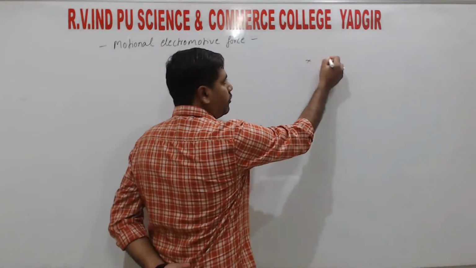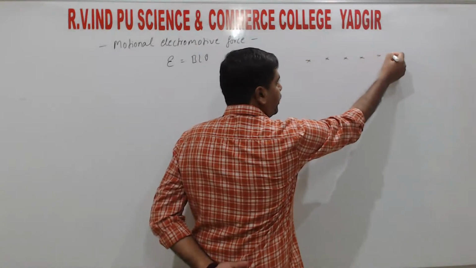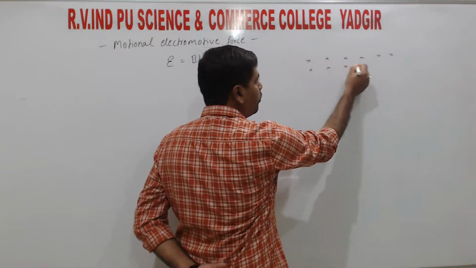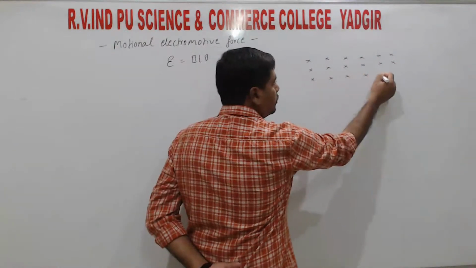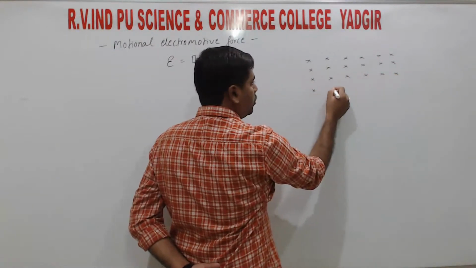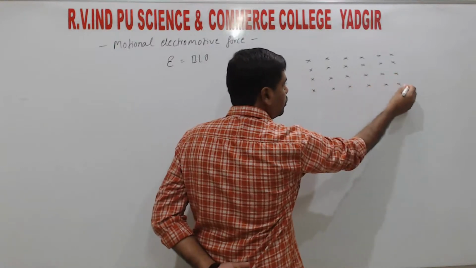For that, we considered a uniform magnetic field. In this uniform magnetic field, we considered one rectangular circuit, or rectangular coil, or rectangular loop.